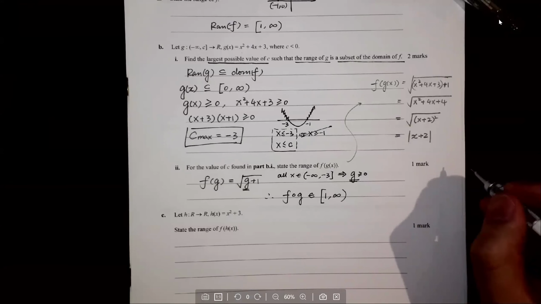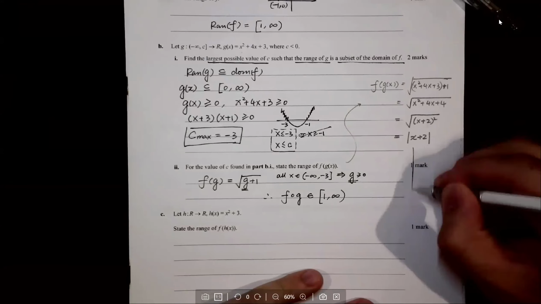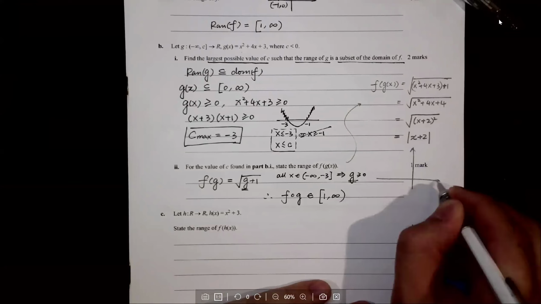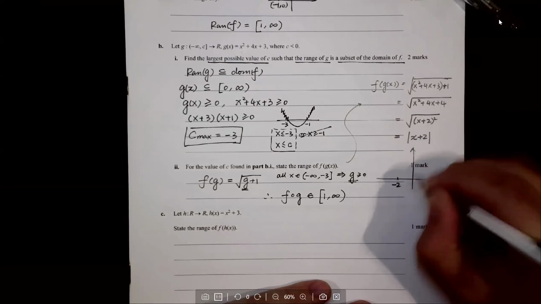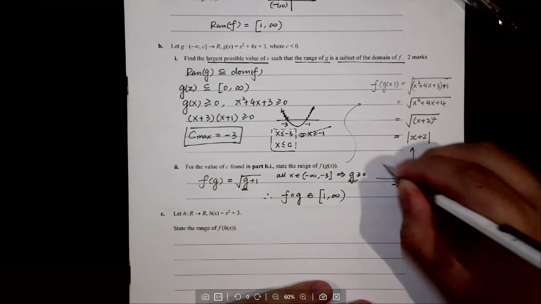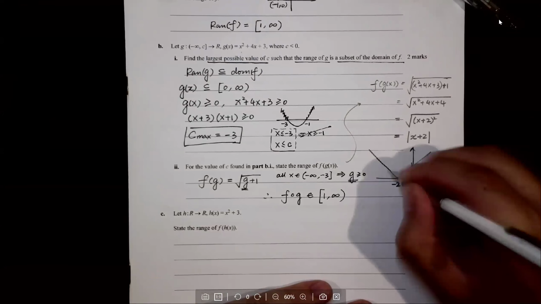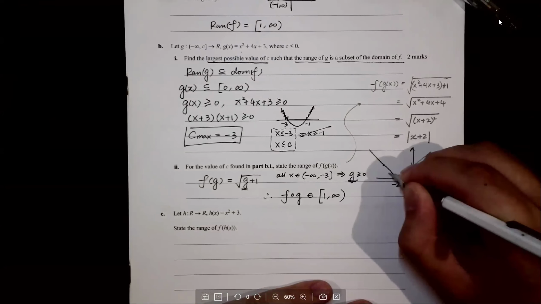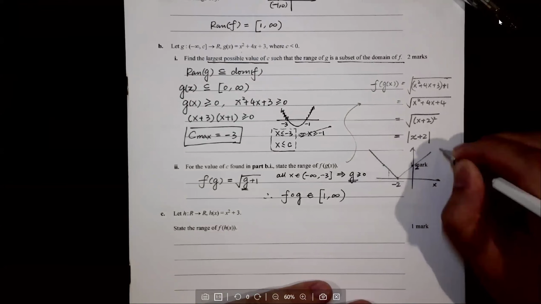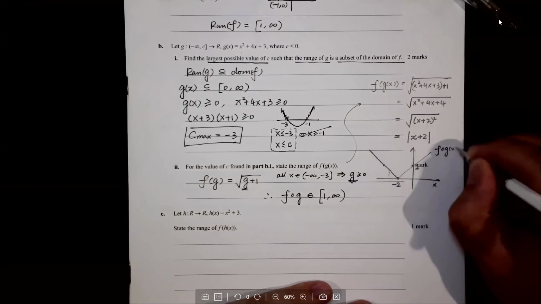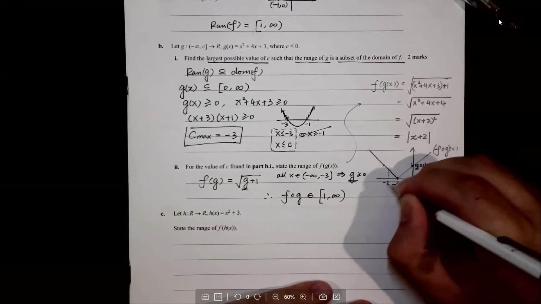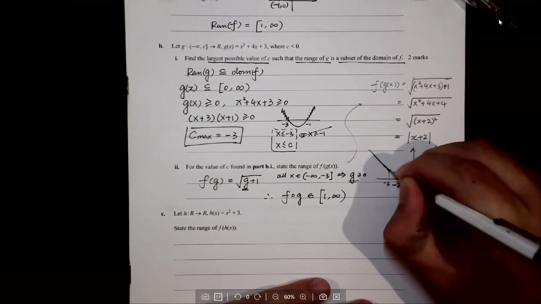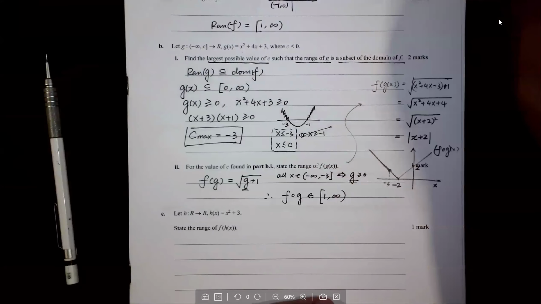And if you just look at the graph of this function, this is -2. It's a V-shaped graph. This is a 2. And your x value, this is f of gx, is only up to here. Let me just use a different color.